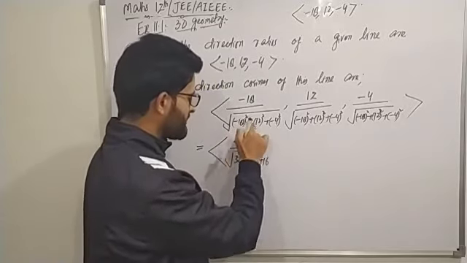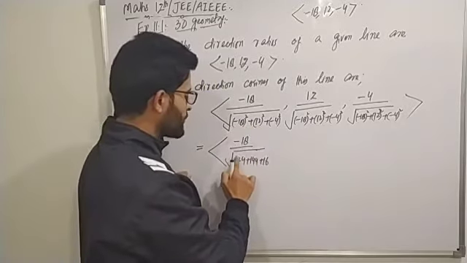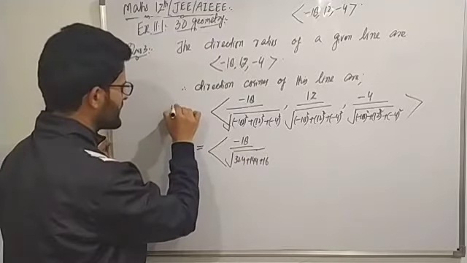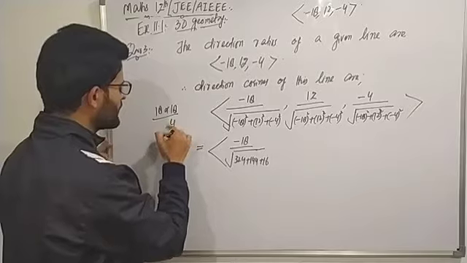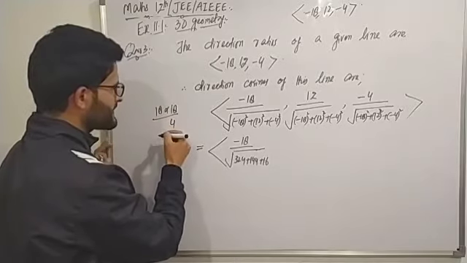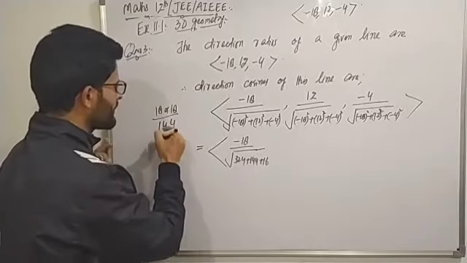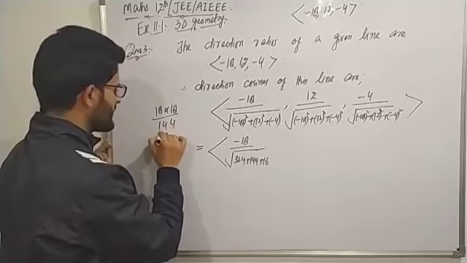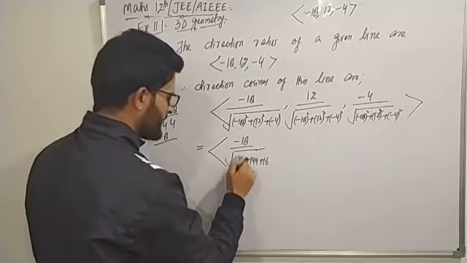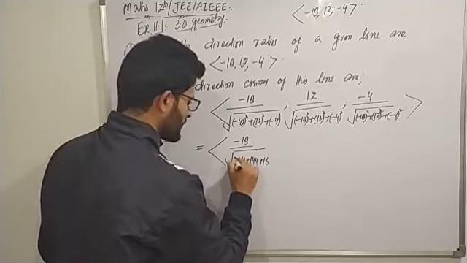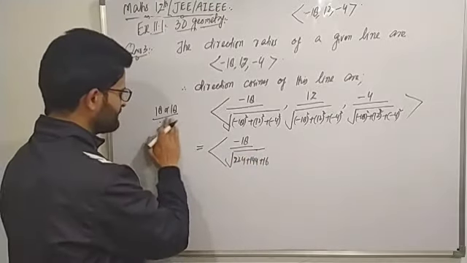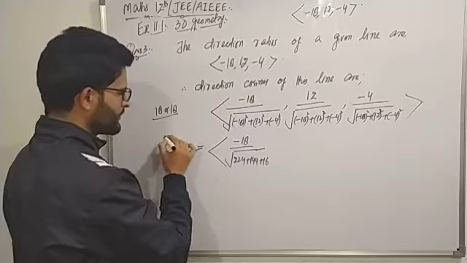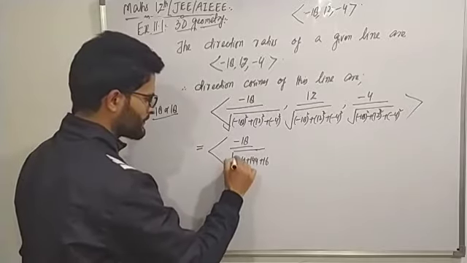You can also check 18 square; 18 into 18, 8 8s are 64, 8 1s are 8, 8 plus 6 that's 14, 1 8 is 8 and 1 1 is 1, so 324 it is, sorry.